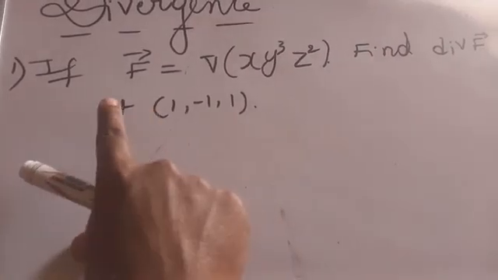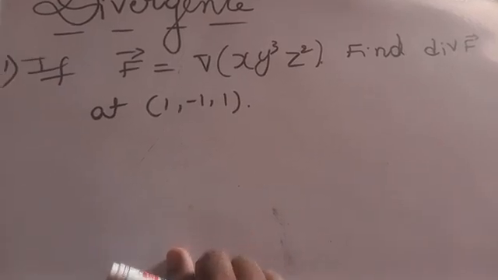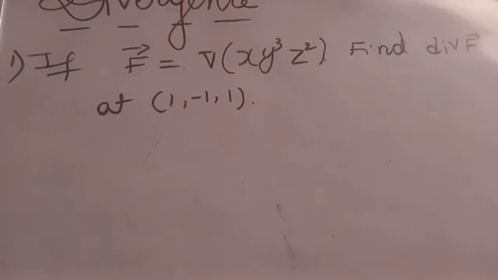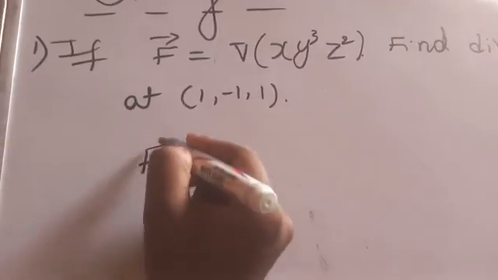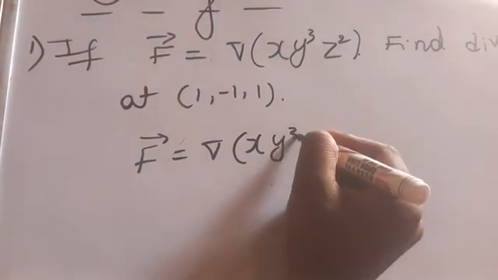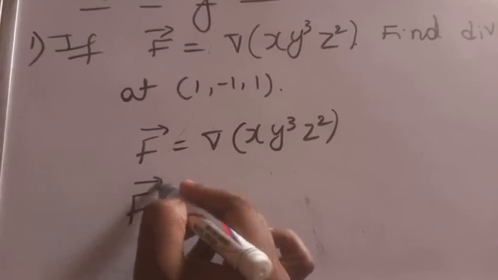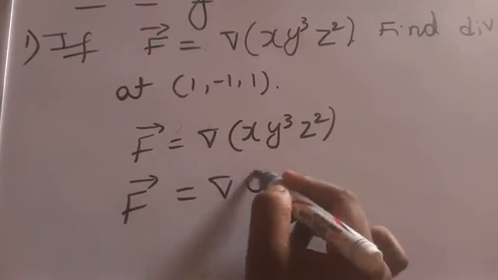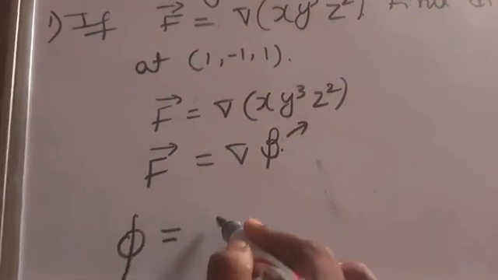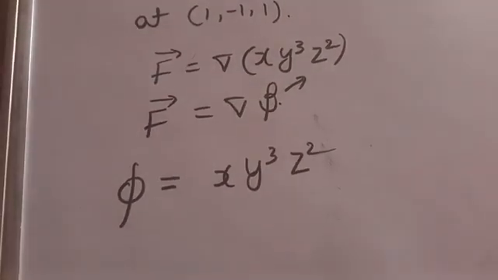Here, if F equals del of x y cube z square, find the divergence of F at (1, -1, 1). So F equals del phi. Phi is a scalar point function, phi equal to x y cube z square.